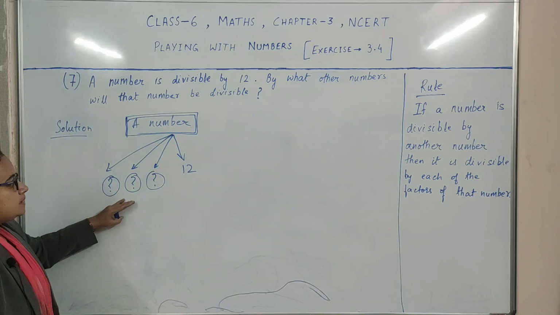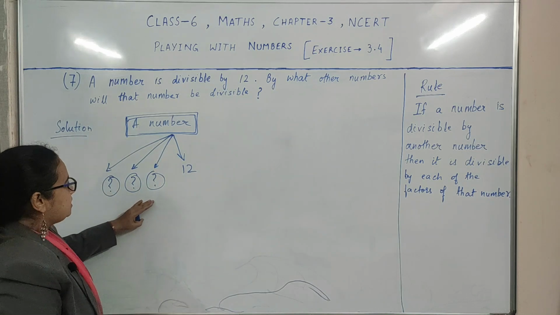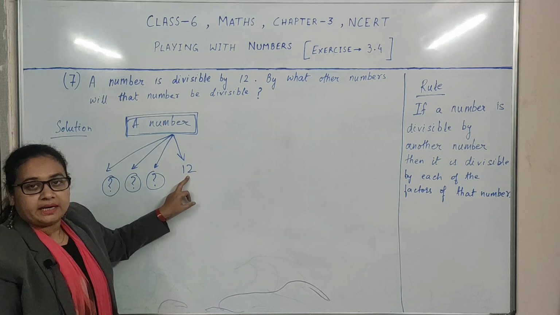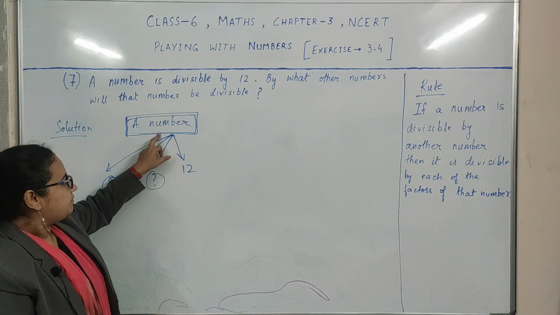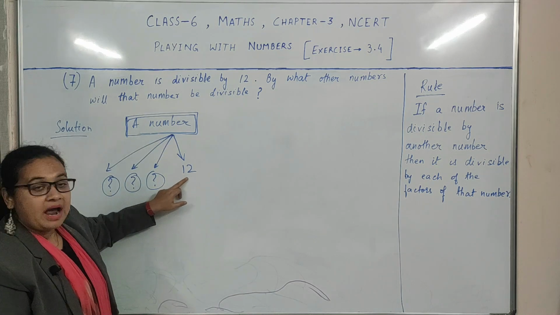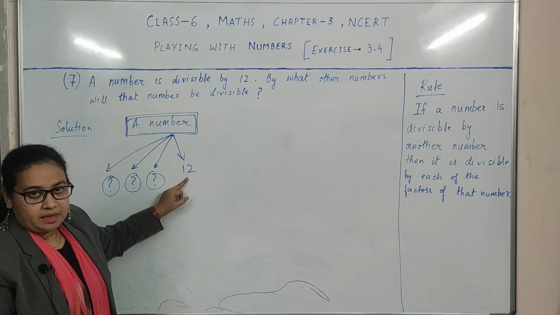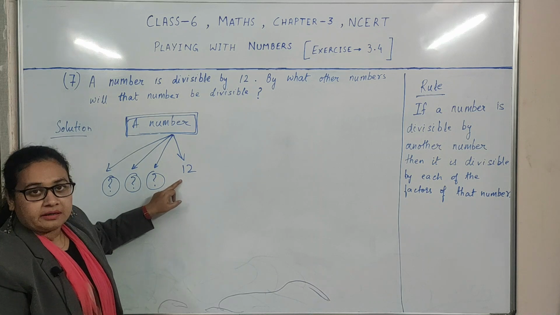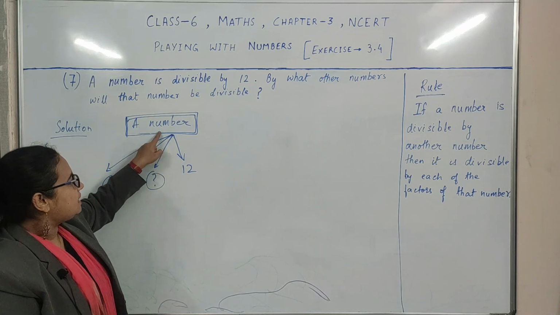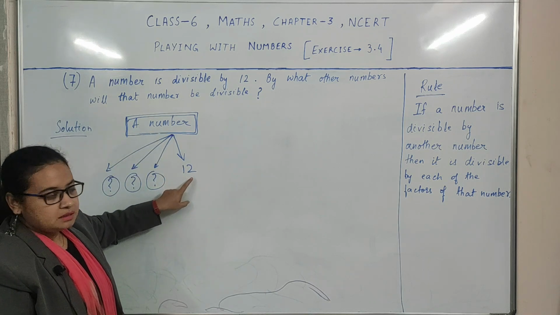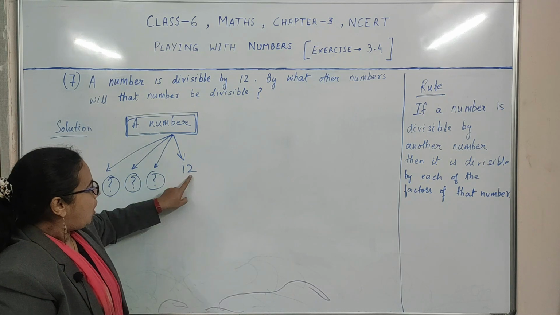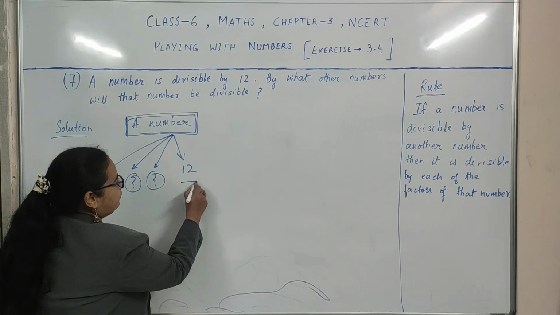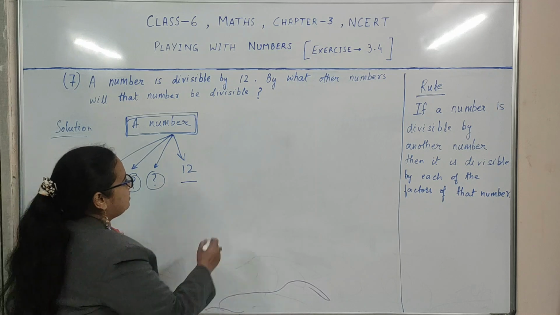See, there is a rule that if a number is divisible by another number, then this number will be divisible by the factors of this number. So what are the factors of 12?